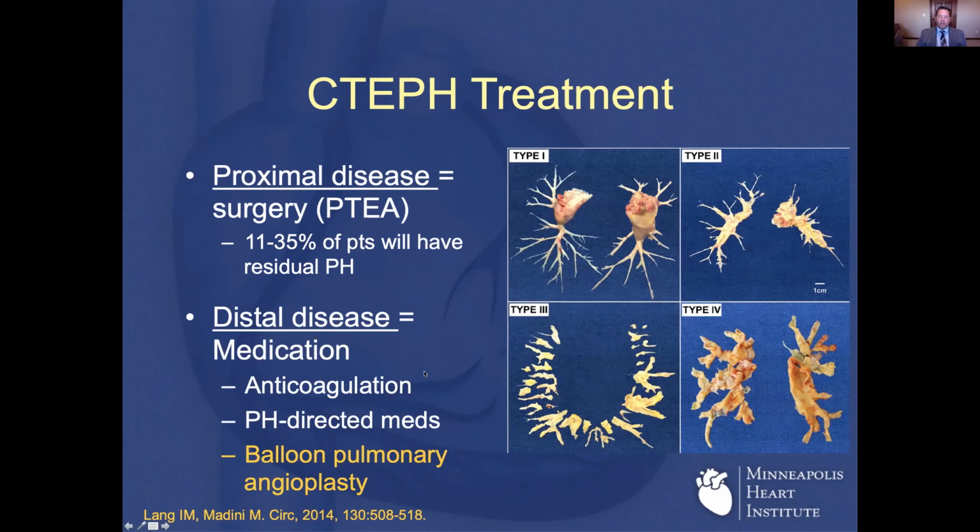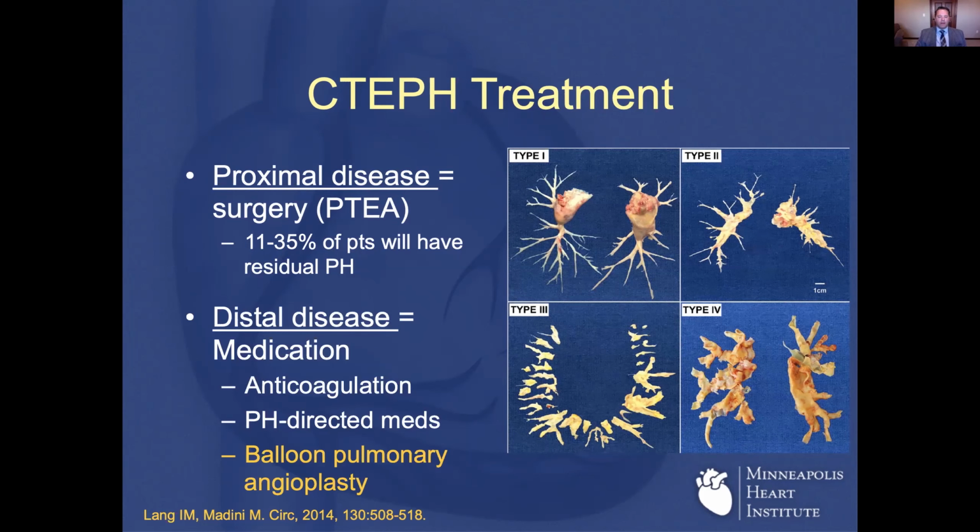So they usually choose 1 or 2 segments at a time to do an angioplasty on, and then bring them back to the lab either a couple weeks later or a couple months later if the pressures and symptoms are still not optimally treated.